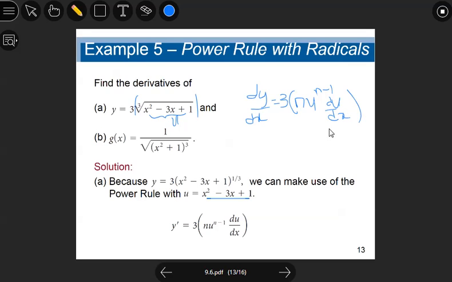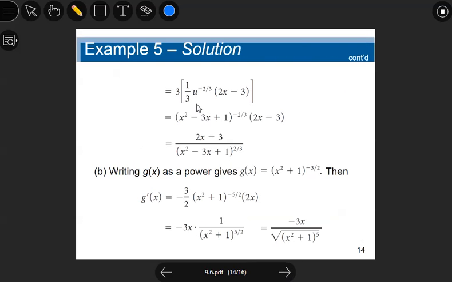So you can see it here. First you need to understand what your n is. Your n is 1/3, and this is your u. Then substitute for this one. By substituting you can obtain this term, then simplify as much as you can, and this is your final answer.